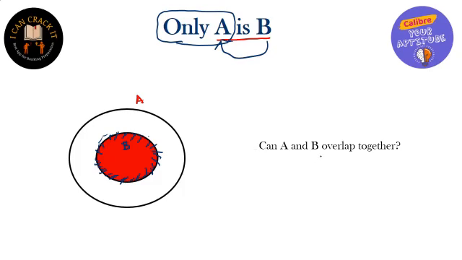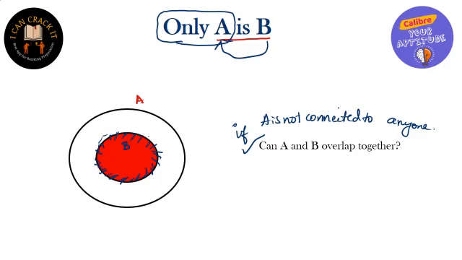Can A and B overlap together? Understand this point. A and B can be overlapped if A is not connected to anyone.